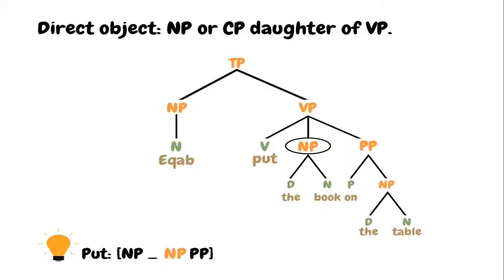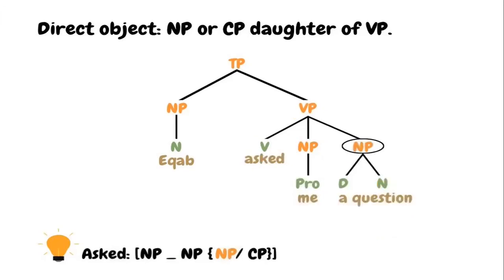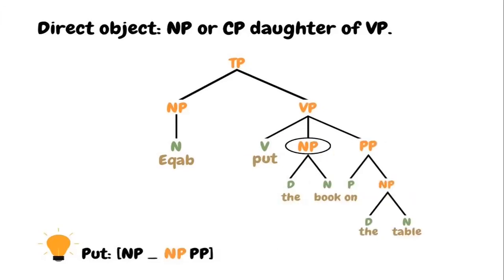Now, in the case that we have a verb like bought that has the feature NP underscore NP PP, like in the example, Agab bought the book on the table, the first NP that precedes the PP is the direct object.